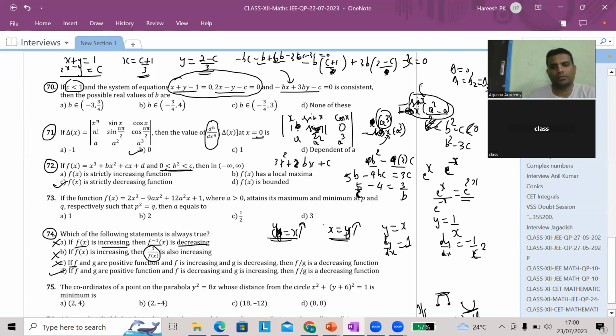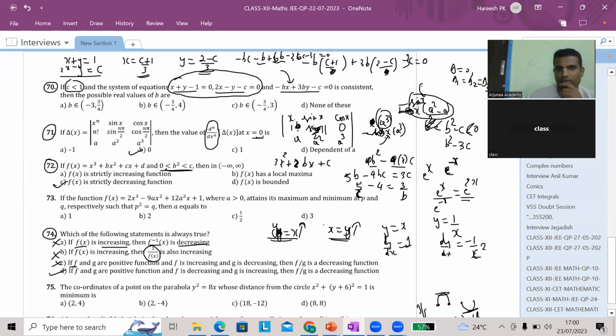So we are going to get b as 3. So which answer do you think is right? Three. Option C. Yeah, most probably it is option C, isn't it? Because b's ending value is 3.